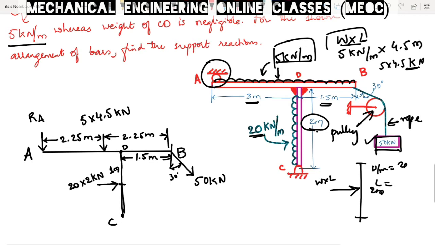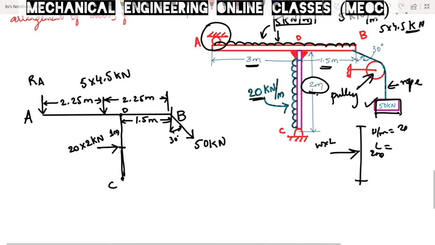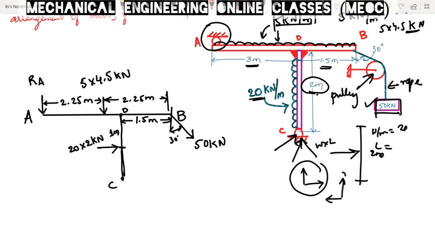And C is also supported. Now I do not know whether the support reaction will be in this fashion or in this fashion, any fashion, I am not sure. Even if I consider it in horizontal and vertical components, I do not know whether they will be in this pattern or this pattern, because I do not know the direction.